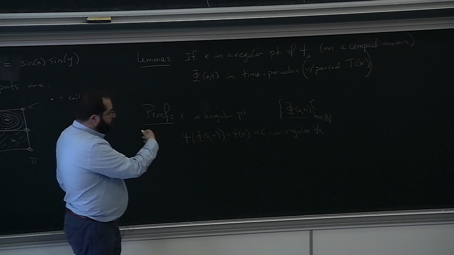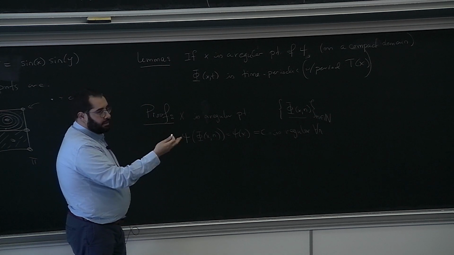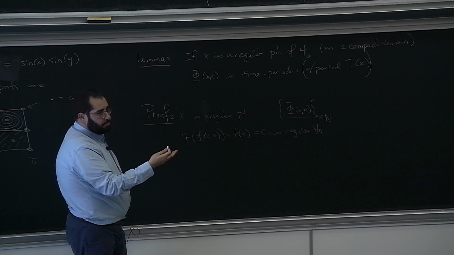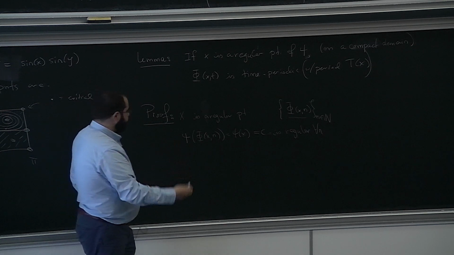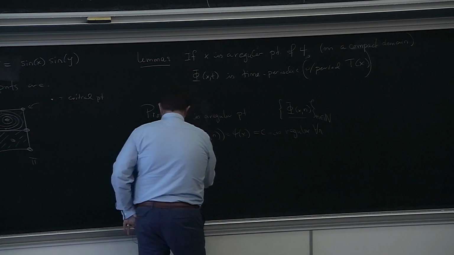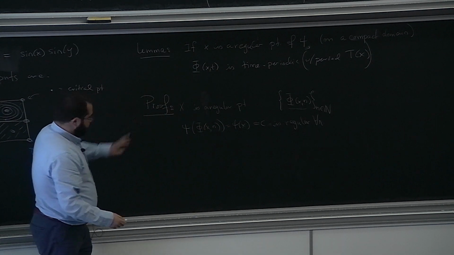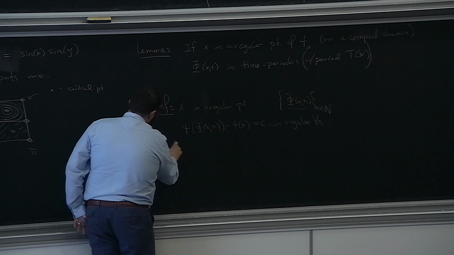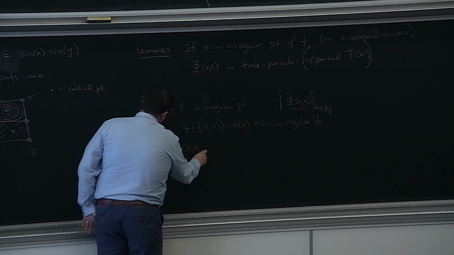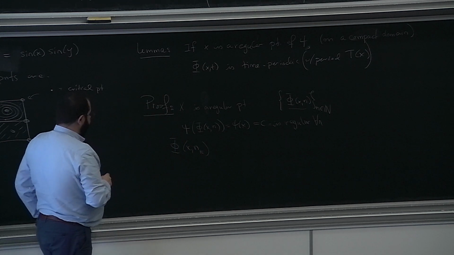Okay, and you have a sequence in a bounded domain, compact domain. So it has a convergent subsequence. So can everybody see here? It's okay. Okay, so you have a sequence of points.